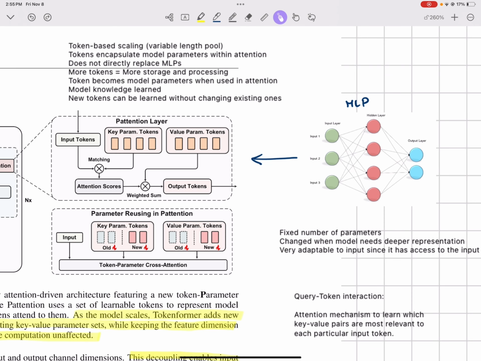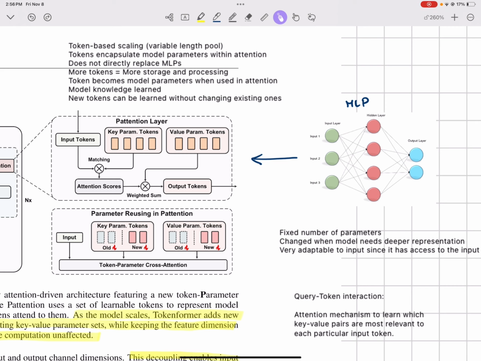So the fact that this can be variable length is what makes TokenFormer scalable, because we have taken the fixedness of the MLP and all of the other stuff the MLP used to do, and now we can, in a way, do the same thing in a variable sense by discretizing these things. And so now we can add as many of those tokens as we want.